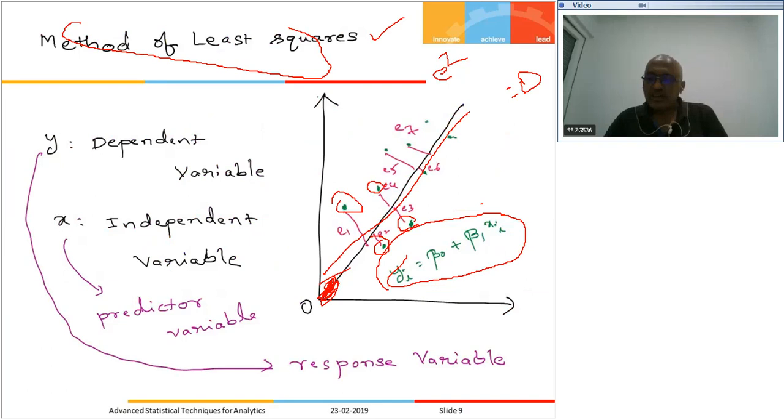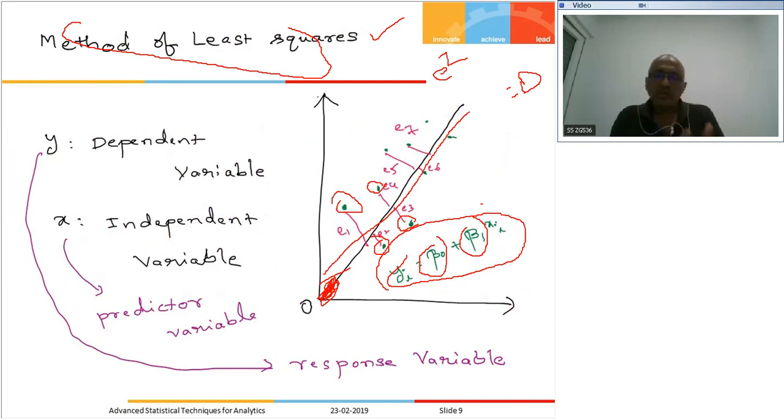This slide, how to draw the line? Just to understand it, I have drawn the line. But actually, what we are going to do is find out the values of mx plus c, which will be written as beta naught plus beta 1x. So we want to find the values of beta naught and beta 1, where most of the points are nearer to it.